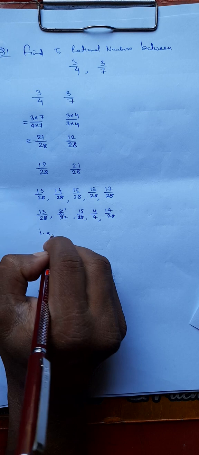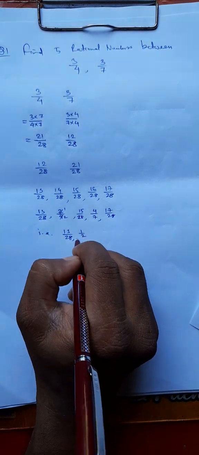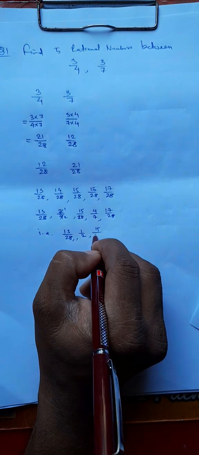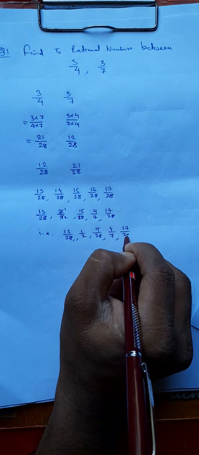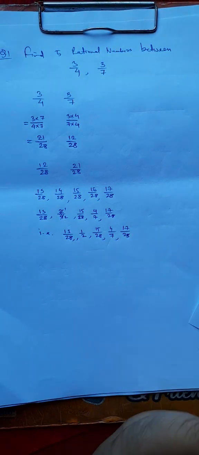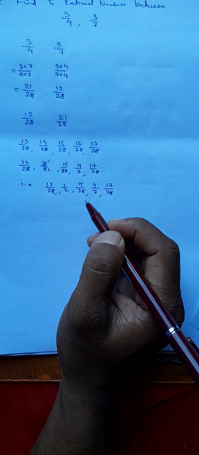That is, you get 13 by 28, 1 by 2, 15 by 28, 4 by 7, 17 by 28. That is how you find the rational numbers in between 3 by 4 and 3 by 7.